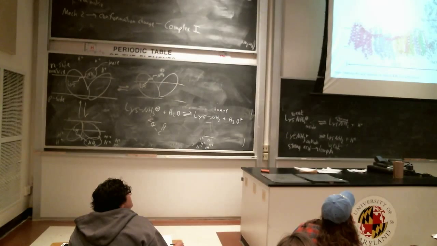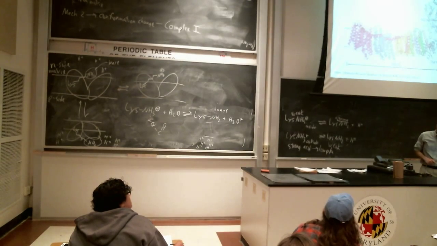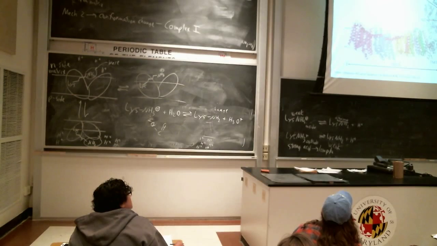So there's a part that sticks into the cytoplasm or into the matrix, and there's a part that's embedded in the membrane. That's shown on the figures from the book. Here's the matrix side, which is the N side. Here's the P side. So protons have to go from the upper to the lower side. There's the flavin that accepts the electrons from NADH.